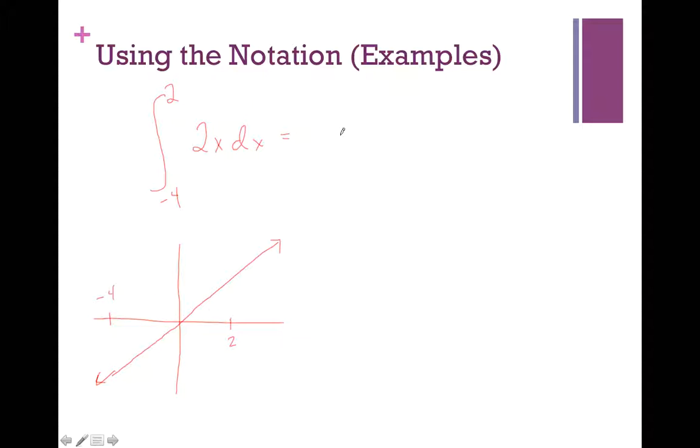If I split this up to think about only getting a positive answer, the positive area is 0 to 2 of 2x dx, minus the negative area from negative 4 to 0 of 2x dx.